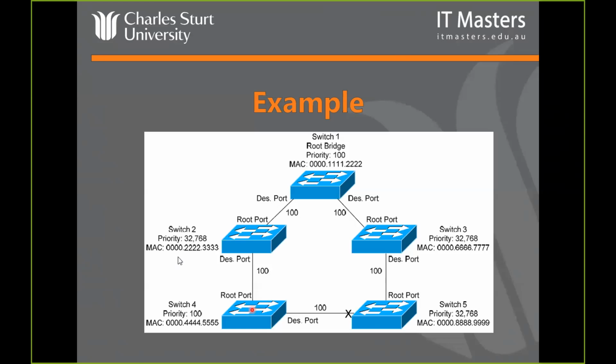Going up through switch 2, we have a port cost of 19 and another 19, giving a total cost of 38. Going the other way, we have 19, an additional 19 giving 38, and an additional 19 giving 57. So transiting this way is a higher cost, and therefore this port connected to switch 2 becomes the root port, and this port here does not become the root port, but it does become the designated port for this segment.